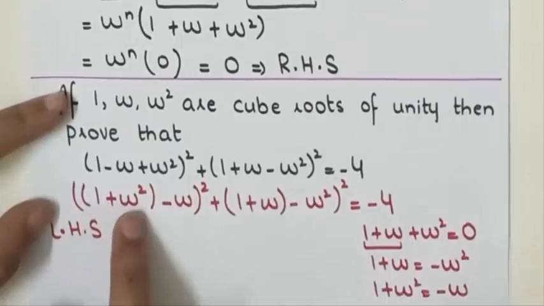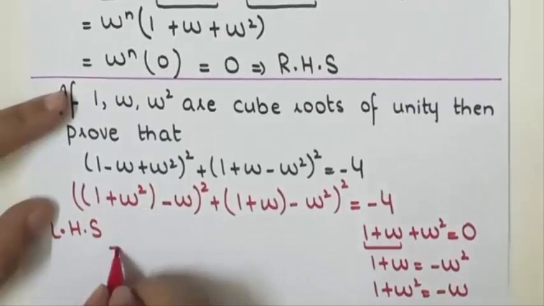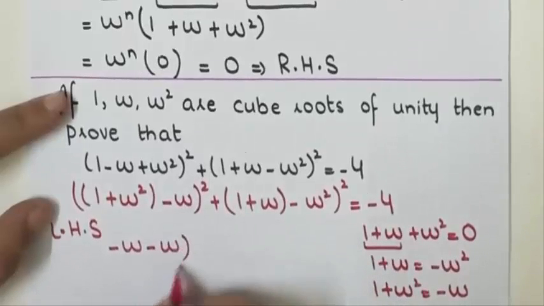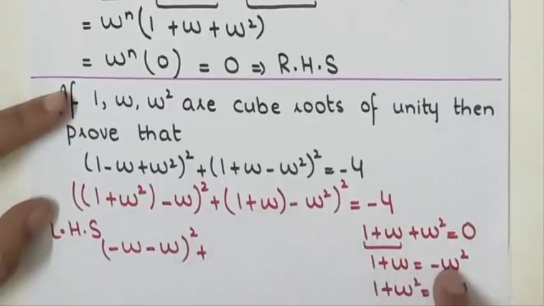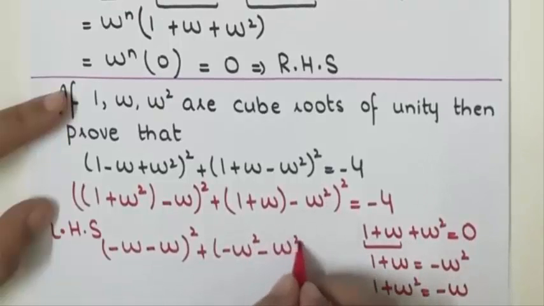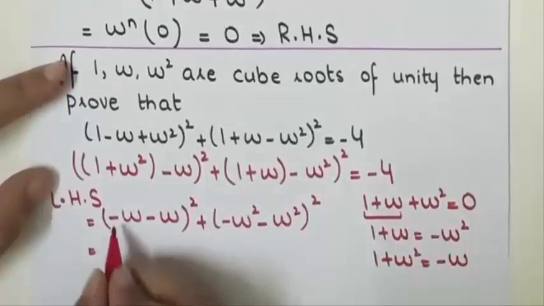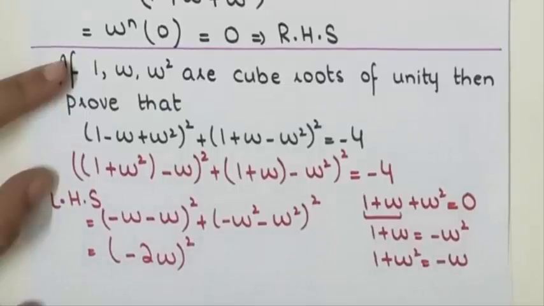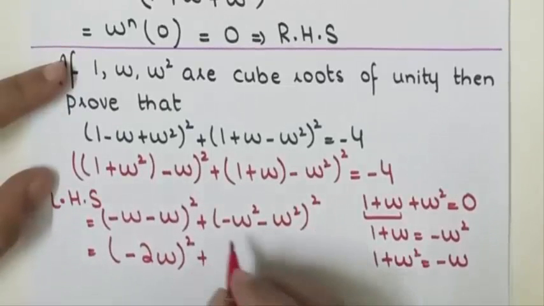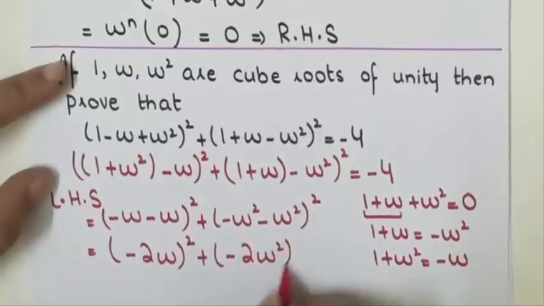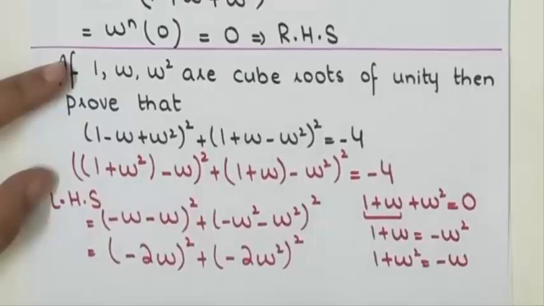So here we have 1 plus omega square, which means minus omega, minus omega, whole square... so minus 2 omega whole square, plus 1 plus omega, which means minus omega square, minus omega square, which means minus 2 omega square whole square.